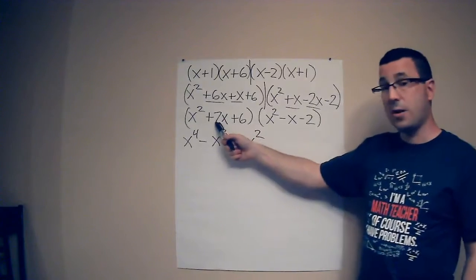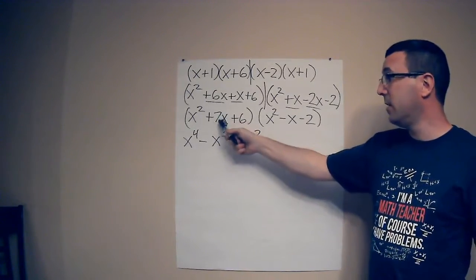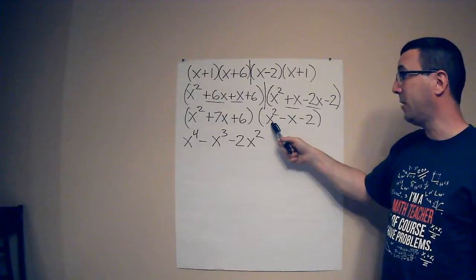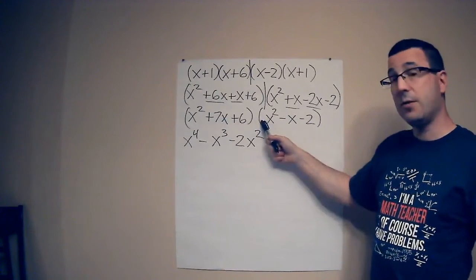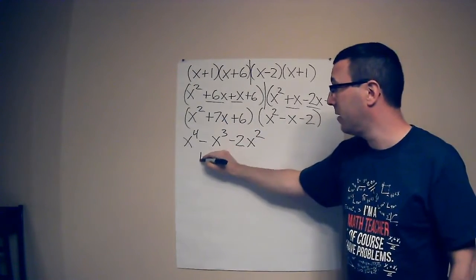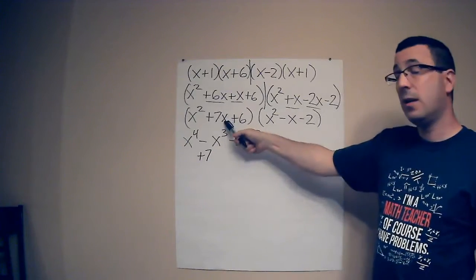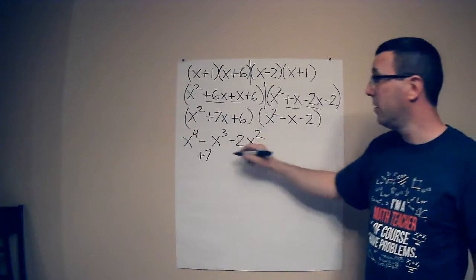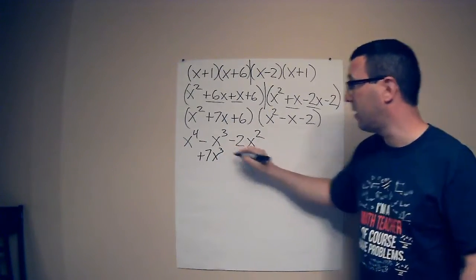So now I'm going to start here with 7x. 7x times x squared, 7 times 1 is going to be 7. X times x squared is x to the 3rd.